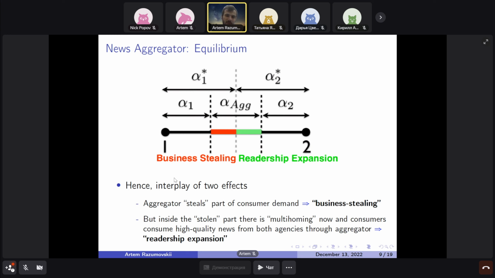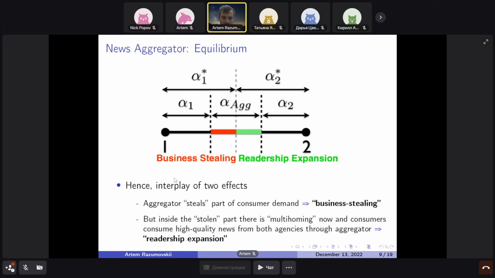Because if you have high differentiation, that's good for the aggregator to enter, because then the aggregator can provide almost twice higher quality than agencies. But if the differentiation is low, then maybe it's not profitable for the aggregator to come at all. And that's the next trade-off.